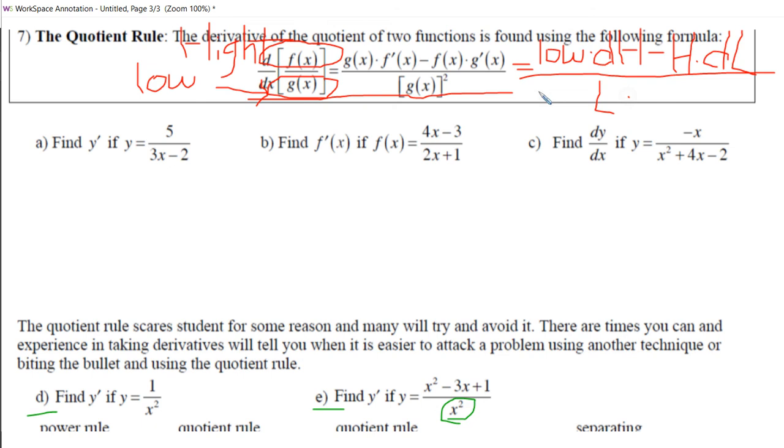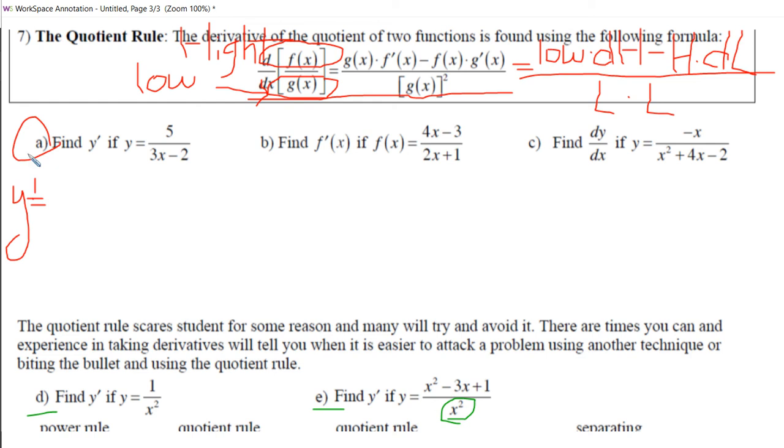Let's practice that on part A. On part A, you cannot get more than one term on the denominator. So we're going to go ahead and apply the quotient rule right away.